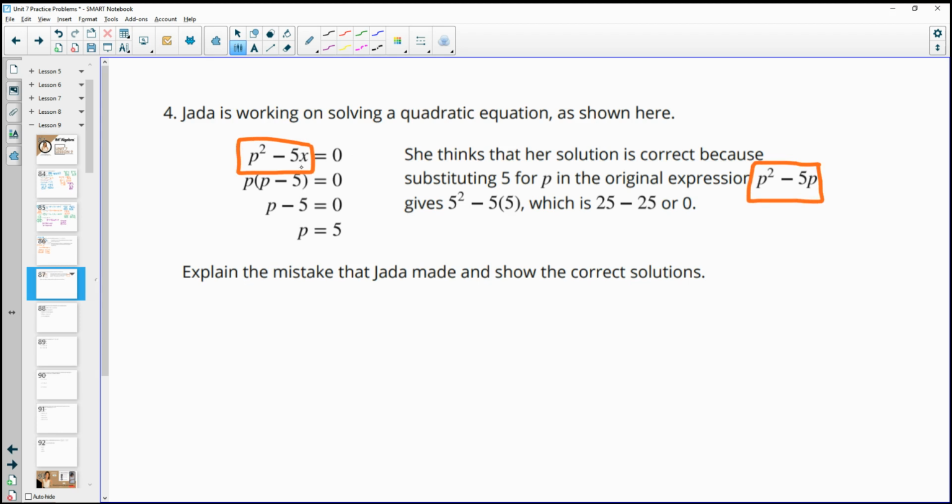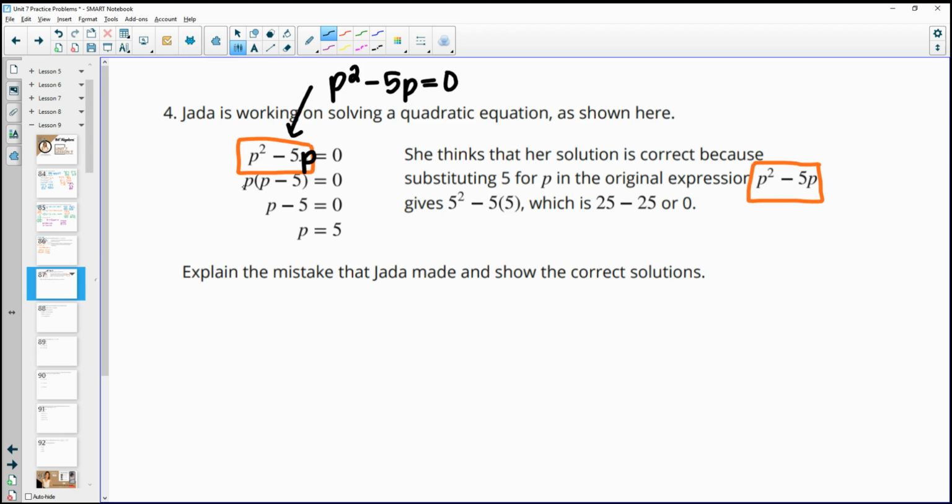So maybe yours has been changed since I screenshot mine, but this part right here should say p squared minus 5p equals 0. There shouldn't be an x there. If there was an x, so if yours is still printed like this, she's wrong because you can't factor it with those two different variables. But really this should be a p. So yours has probably been changed now that you're watching this video, but if it hasn't, just change that.